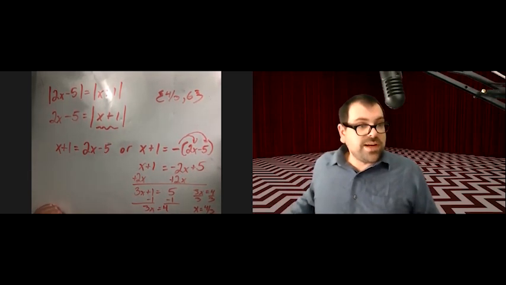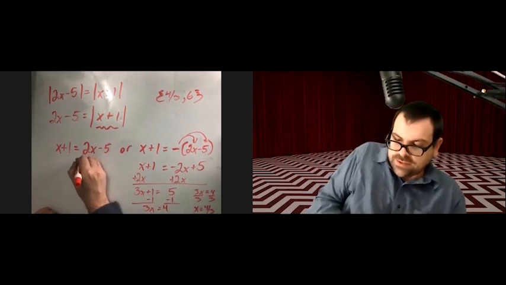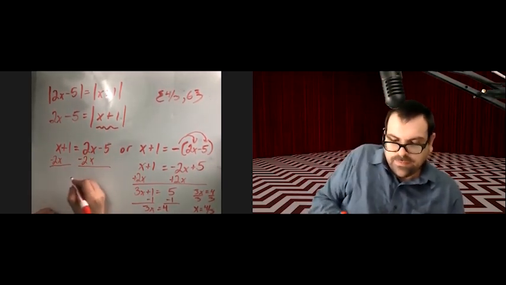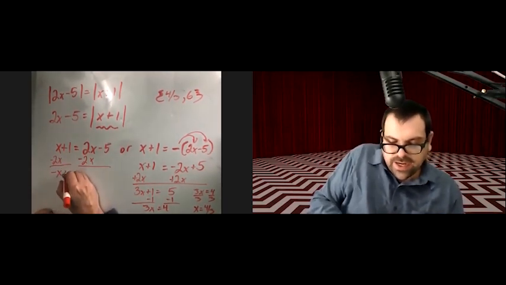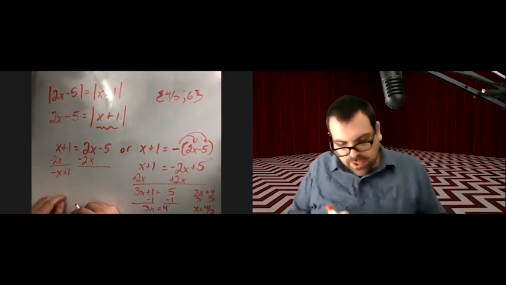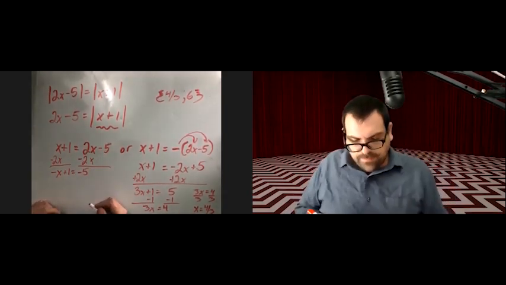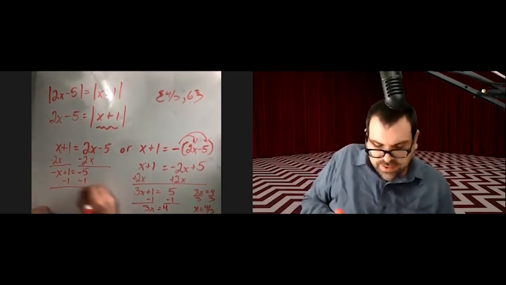Sorry, that's in the corner down there. And this one's shorter. Subtract 2x from both sides. x minus 2x is negative 1x, or negative x. Plus 1 equals negative 5. Subtract 1 from both sides.